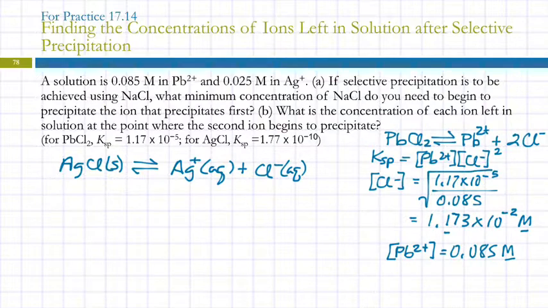At some point, though, we're going to have precipitated most of the silver ion, and then the chloride ion concentration can go up. So we've added chloride. I think what we need to do is just put this concentration in for the chloride and calculate what the equilibrium concentration of this is using KSP.